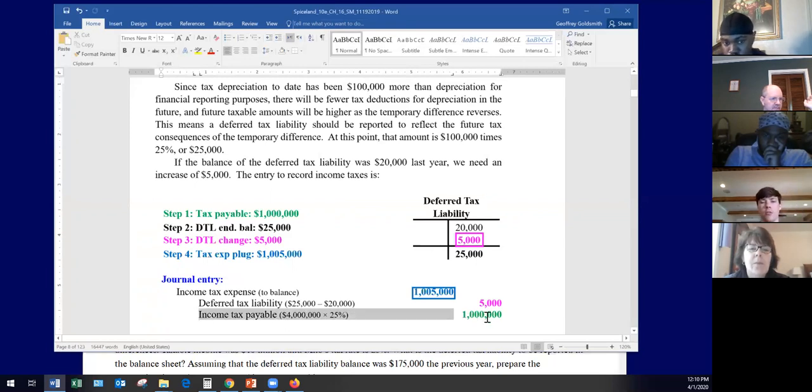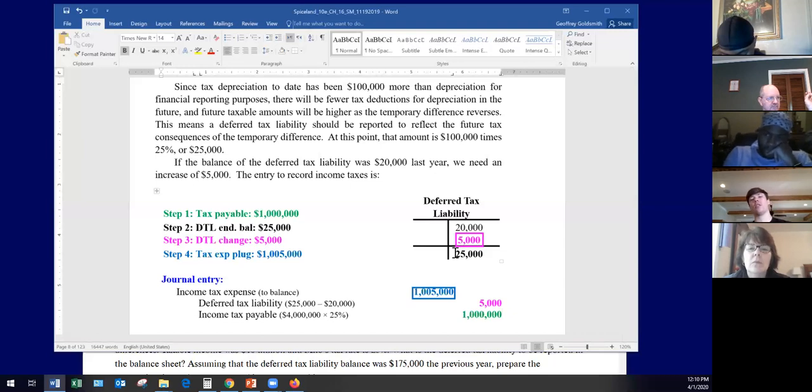What threw me off was I was adding the 27,000, or I was adding the liability balance to, I guess, the difference, and I didn't realize the difference times 25% was the answer. Yeah.